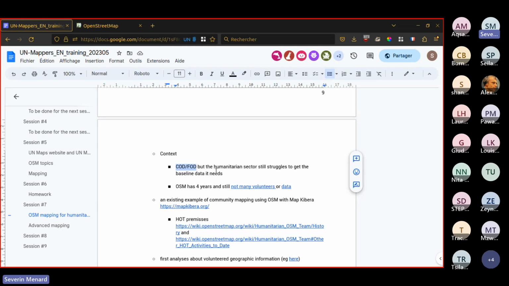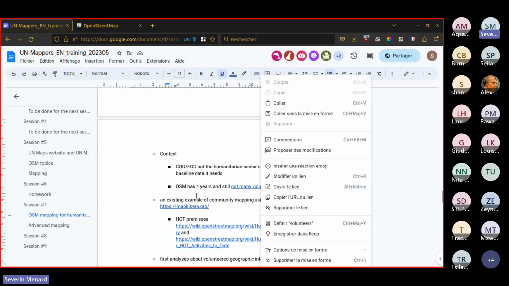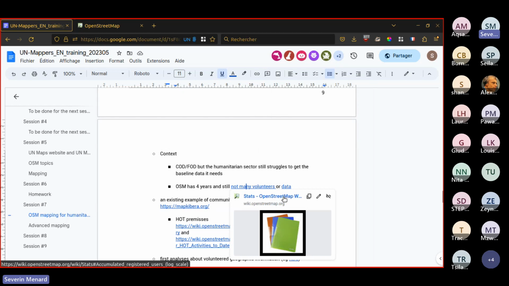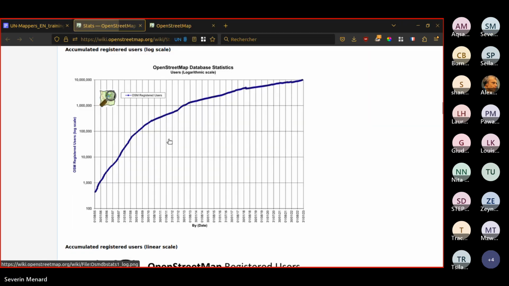And at that time, OpenStreetMap was only 4 years old, and there were not many volunteers, as we can see. In 2005, 6, and 8, it was less than 100,000 users. It will really increase. This is a logarithmic scale, obviously.